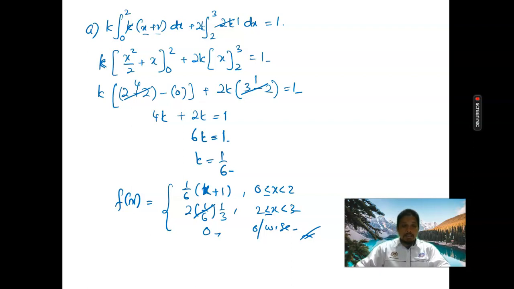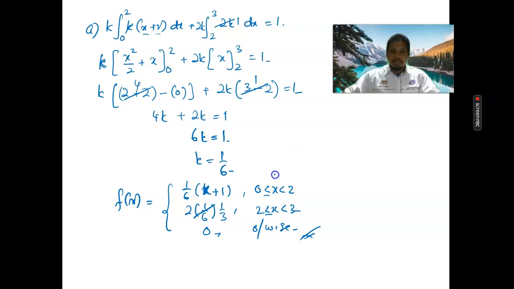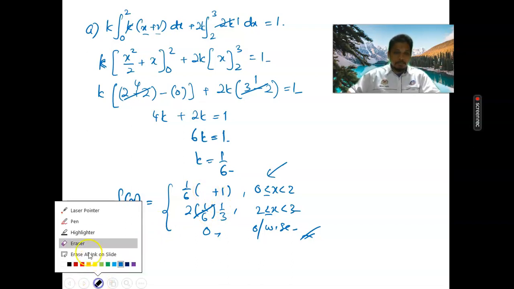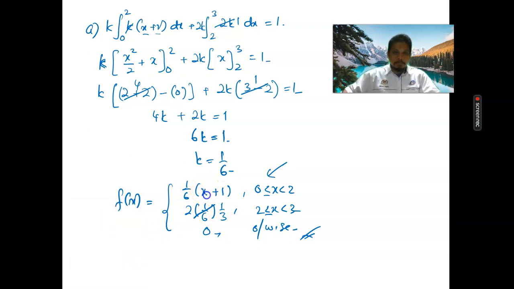Okay, so this is it now. This is the whole function, the proper function. So 2 times 1 over 6 is 1 over 3, a constant here now. So then, just imagine that this is the axis for x and y, or f(x).